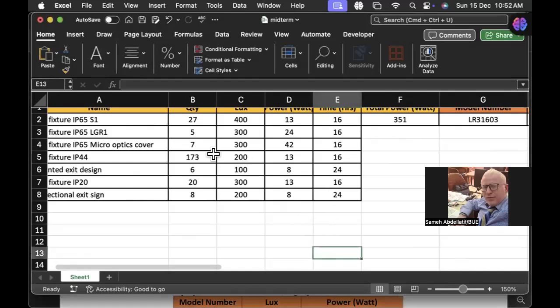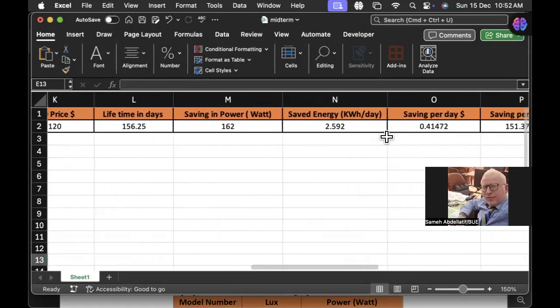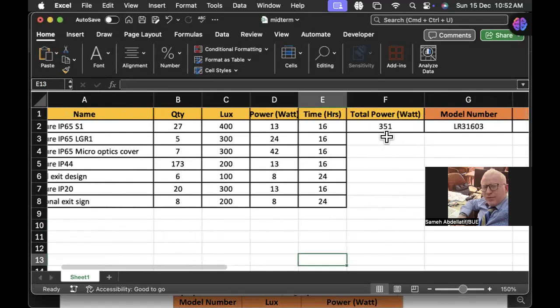Per source, you can check which alternative is available in terms of the same lux, and then we can discuss the feasibility of choosing this alternative with respect to, as I mentioned, the power saving, the energy saving, the cost of replacement, and the lifetime. And based on that, you can make your decision.